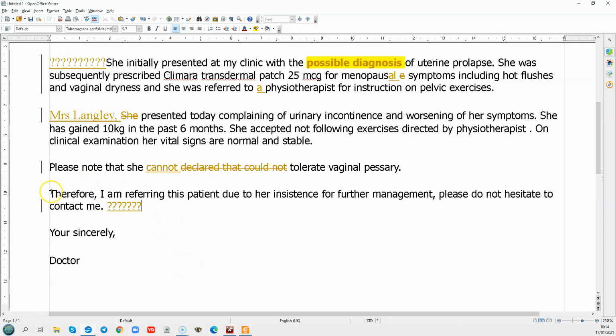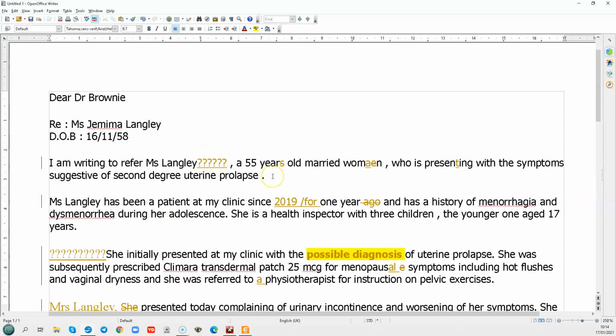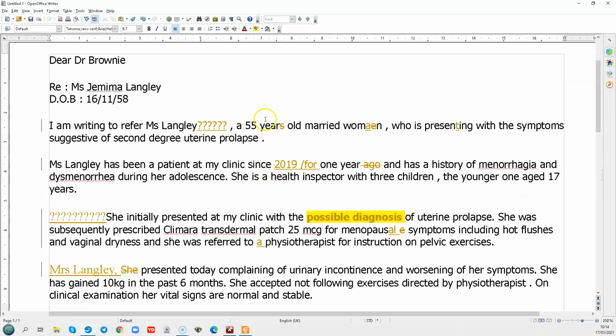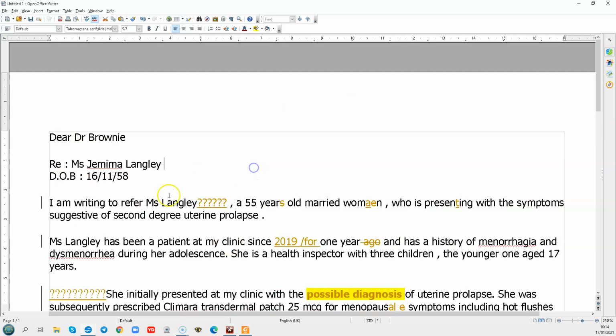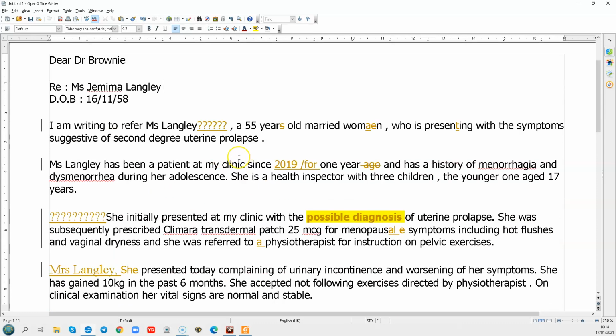So, purpose, not very clear. I've got to read all the way down to find out what you want me to do. But again, it's not as clear as it could be. Mrs.? Is it Mrs.? Is it Miss? I thought usually if you were married, you took the title of Mrs.